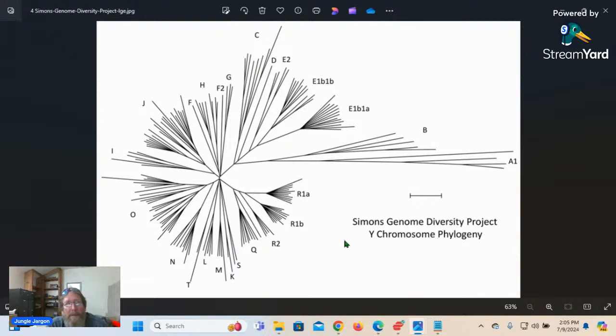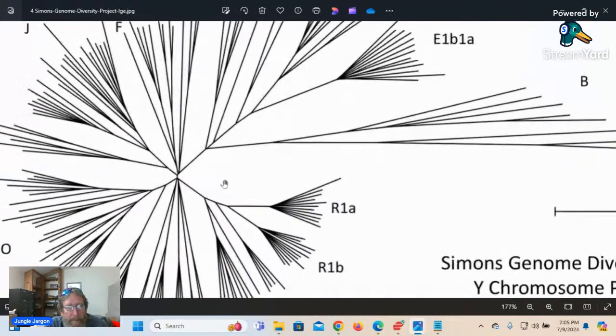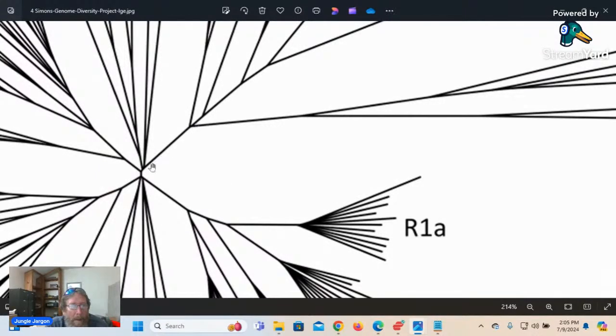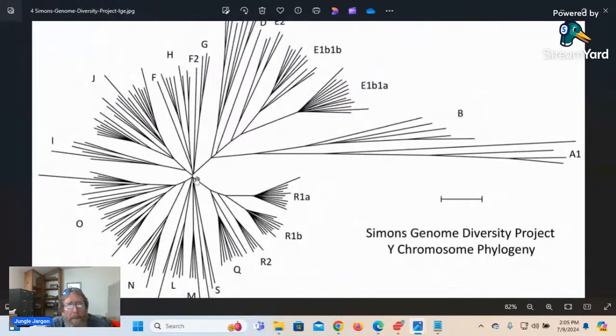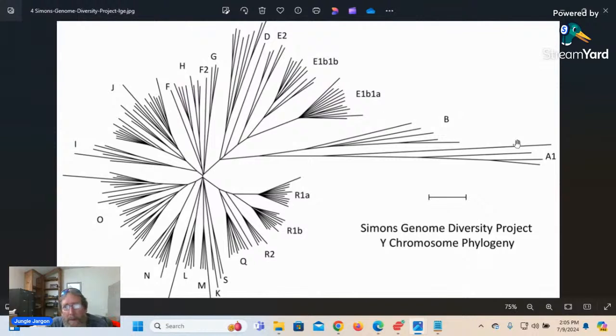Y chromosome phylogeny. Okay, here we have the different groupings. If you look close enough, there's separation of 3 major lineages. It's the A, B, C, D, and E is one group, and then we have the F, G, H, I, and J is another group.